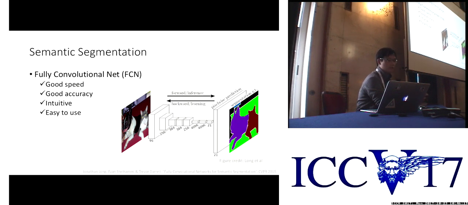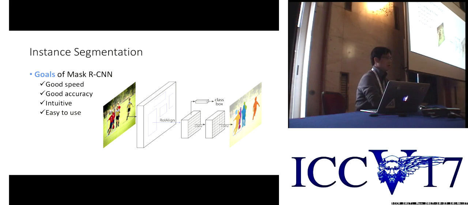FCN has good speed, good accuracy, and it is intuitive, so it is easy for people to use and do research on top. Then the goal of Mask R-CNN is to play such a role for the application of instance segmentation. We expect we can propose a meta algorithm which has good speed, good accuracy, and which is also intuitive and easy to use.